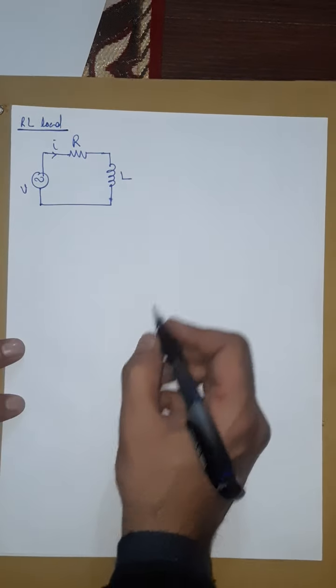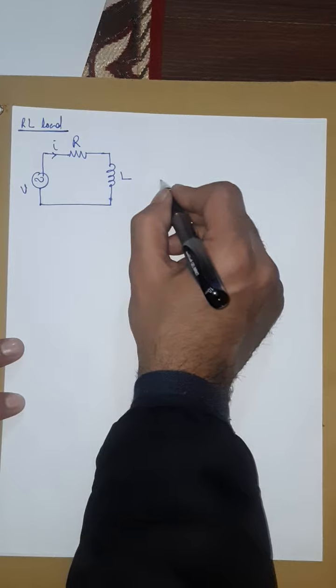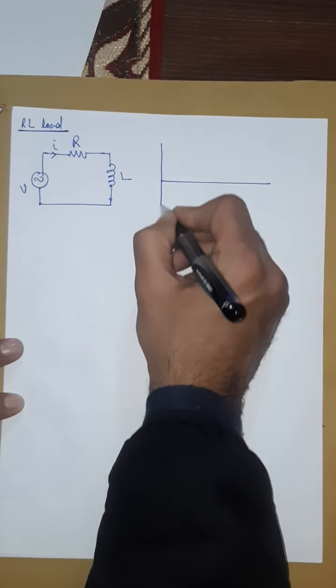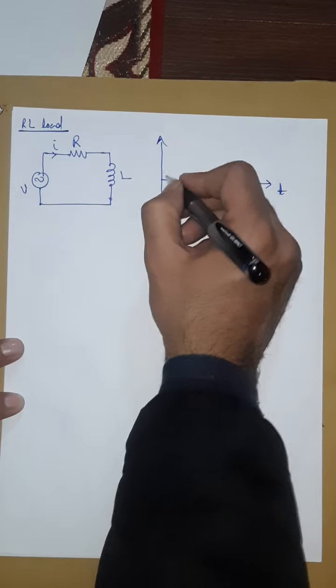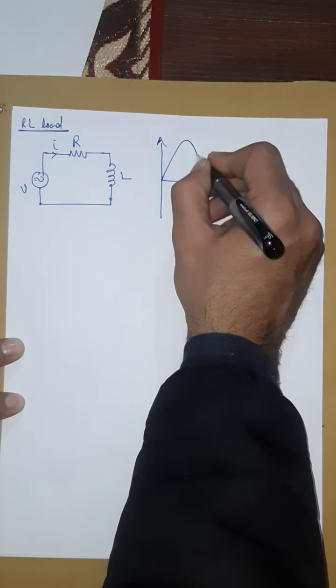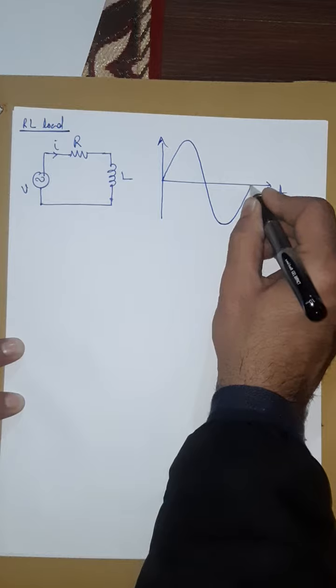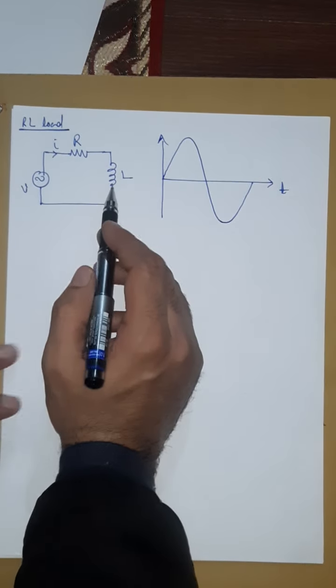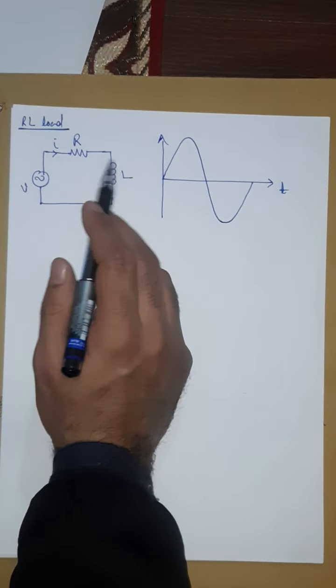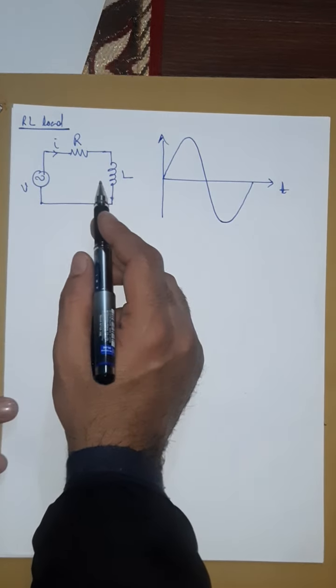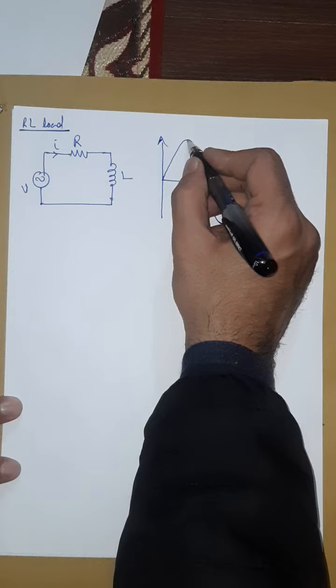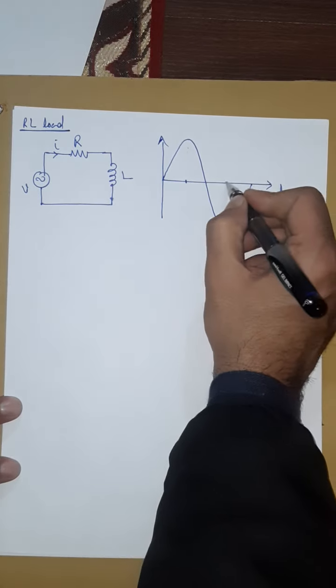So let me draw the voltage and current waveforms here. This is the voltage waveform, sinusoidal. Since it is an RL circuit, it is neither a purely inductive nor a purely resistive circuit. So because of this inductor, the current will lag, but it will not lag by 90 degrees. This was 90 degrees, this was 270 degrees.